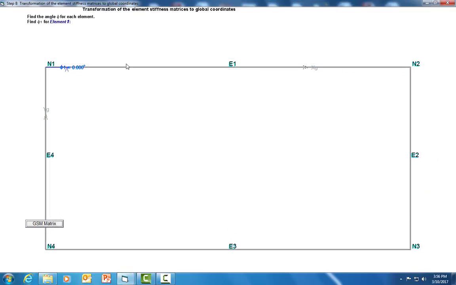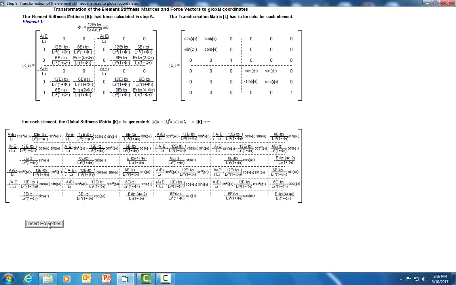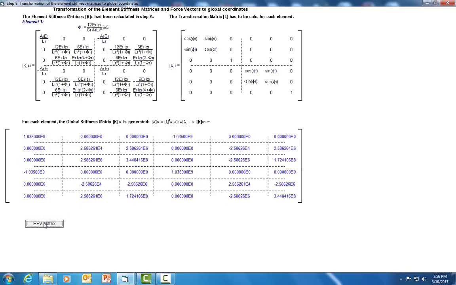This is the animation. How we do it, here the transformation in detail, there is a transformation matrix. So that is in every detail explained.